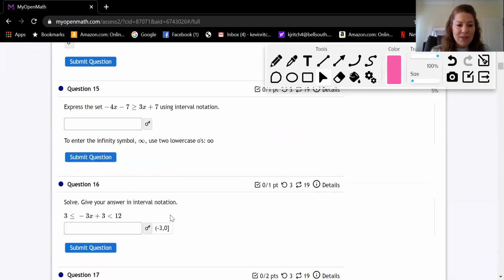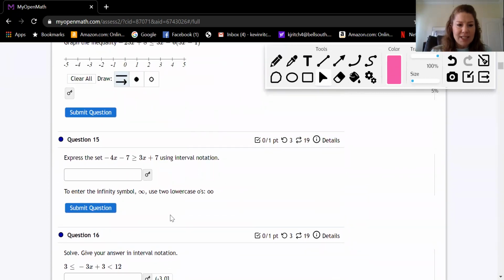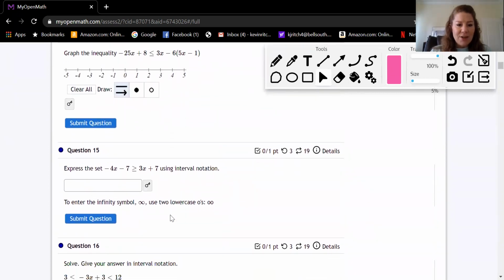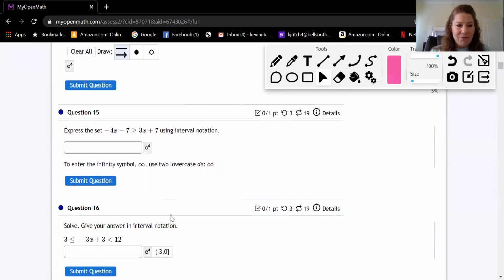We'll do 14 or 15, but not both. Actually, number 16 is similar as well. So let's just do the one in the middle. Let's do number 15. So we want to solve this inequality, and then we're going to write our answer using interval notation. So the first thing we're going to do is get our x's together.